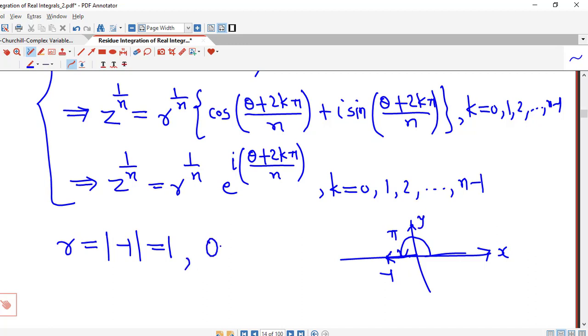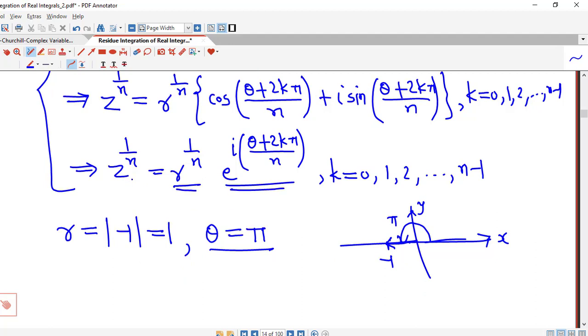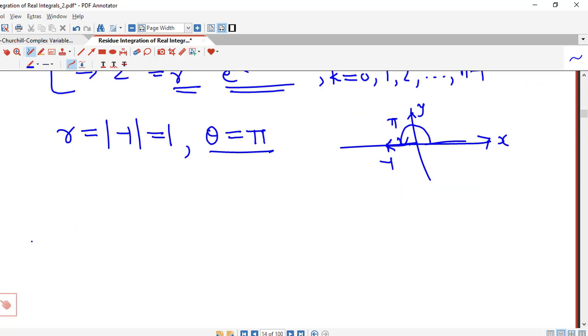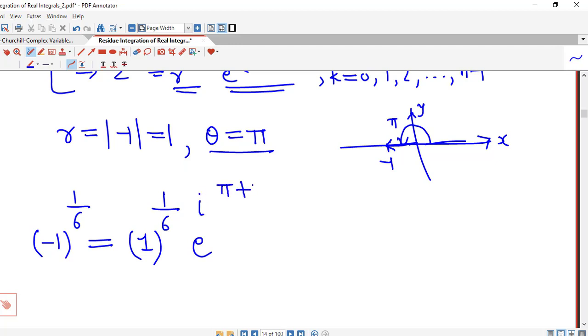So for minus 1, theta is pi, or the argument of minus 1 is pi. We put r equal to 1 and theta equal to pi, and using that formula, minus 1 raised to 1 by 6 equals 1 raised to 1 by 6 times e raised to i times (theta plus 2k pi) divided by n.